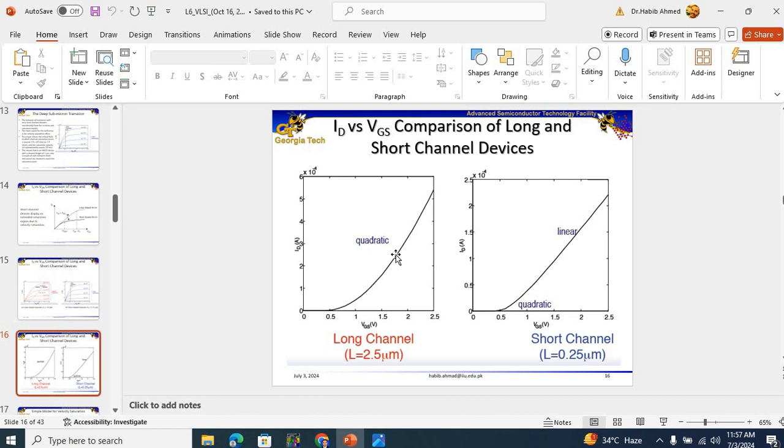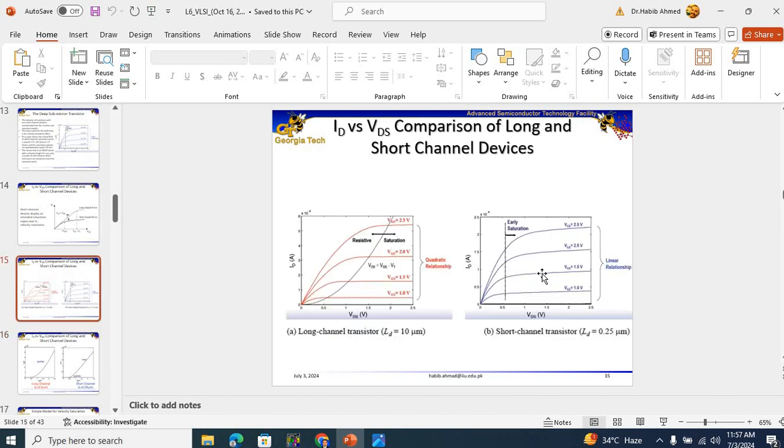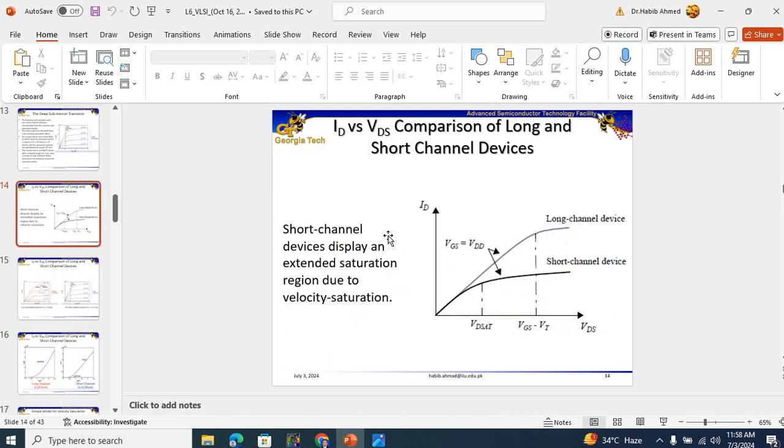There is a quadratic relationship between ID and VGS for a long channel device. However, it is linear for a short channel device. Also, saturation occurs way earlier in a short channel device as compared to a long channel device. And that is another difference. Now, the question is, why does saturation occur earlier in the short channel device as compared to a long channel device? Let me quickly try to address that.